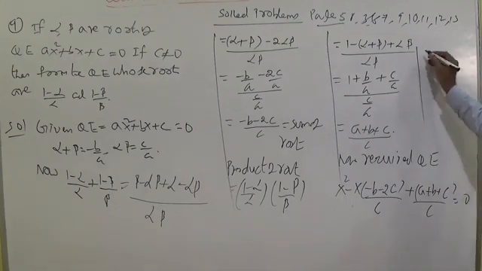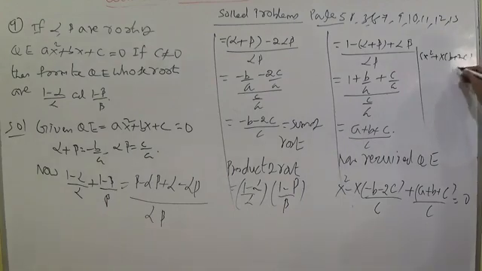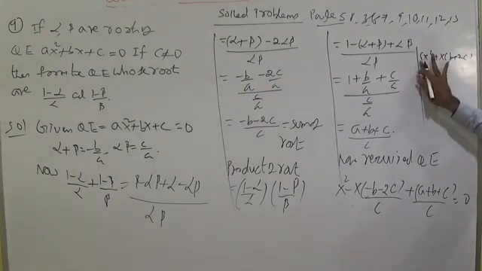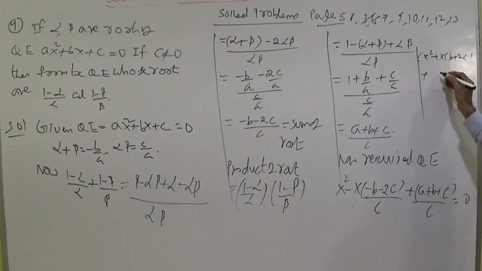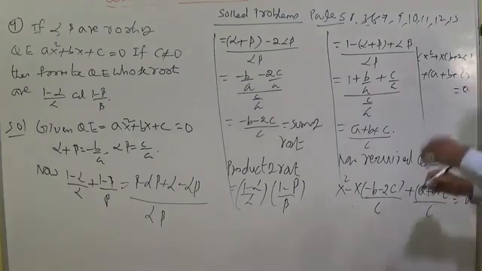By taking LCM, you can write cx square plus x into b plus 2c plus a plus b plus c equal to 0.